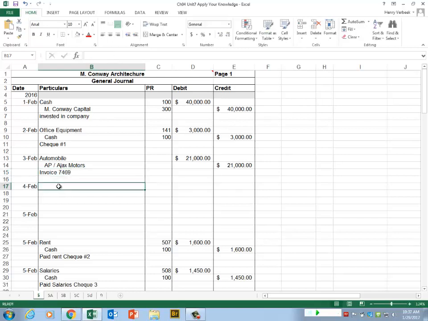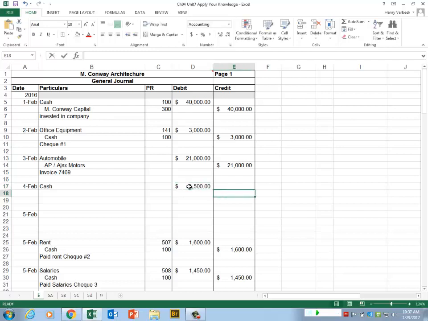Now we go down to February 4th in our textbook. Received $1,500 for services provided to a customer. Sales slip 1. So that means that we've earned some fees. So that's going to be fees earned, and it's also going to be cash because it says sales slip, so it's not on credit. The debit is going to be cash because money coming in is a debit, and it was for 1,500.